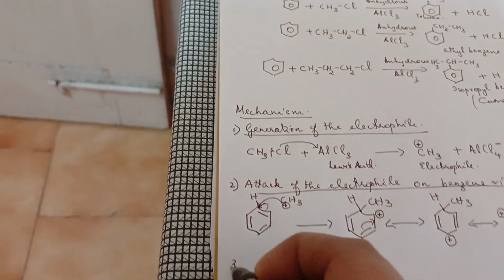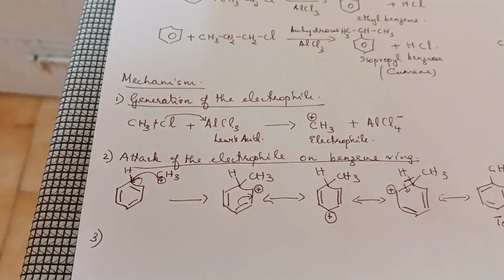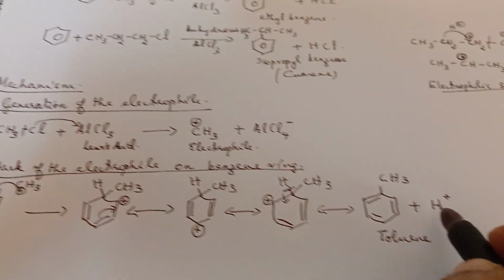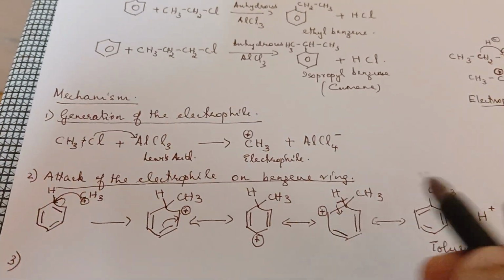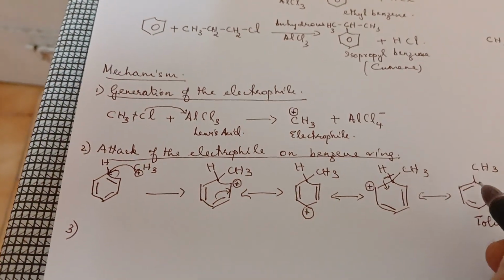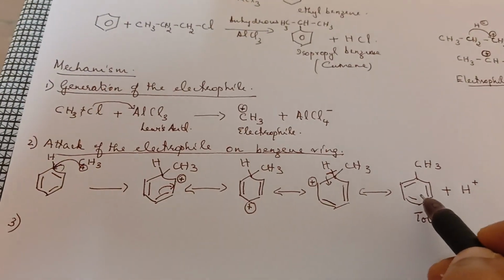Now in the third step, we have removal of the old electrophile. So this is the old electrophile, this hydrogen, and the new electrophile is CH3 that has attacked and is now attached to the benzene ring.